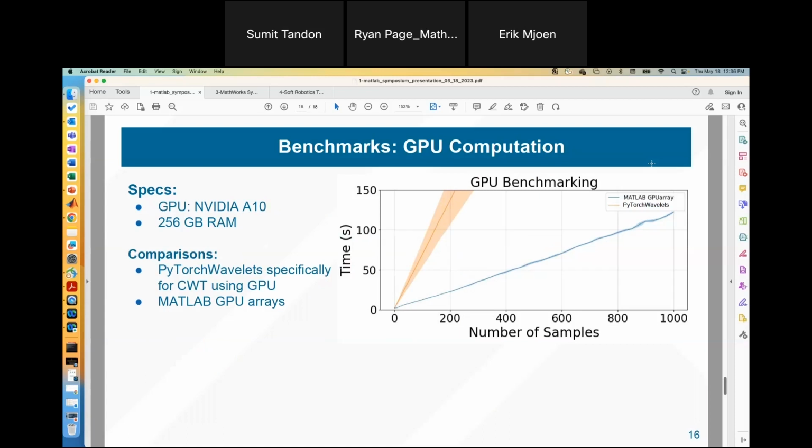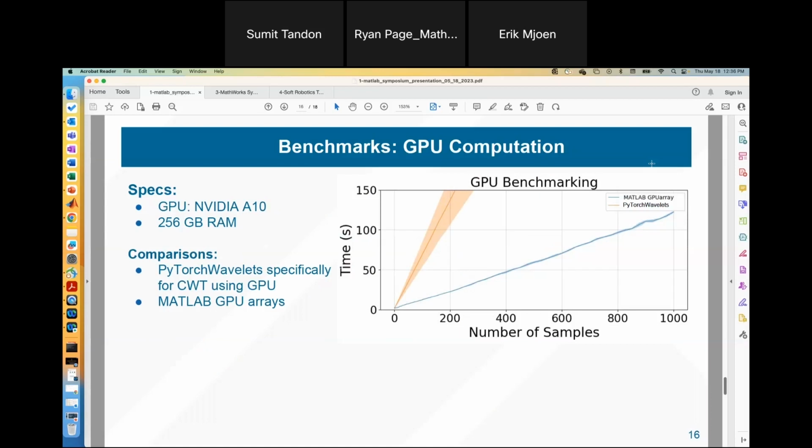For us at least, because the transformations we want to do, for example, the max and min of the 24-hour band, things like that, are perfectly compatible with MATLAB functions. And just keeping the GPU array and not transferring it to the local workspace would shave a little bit of time off of the MATLAB benchmark. And on the Python side of things, I used a Python package specifically for running the CWT on the GPU called PyTorch wavelets.